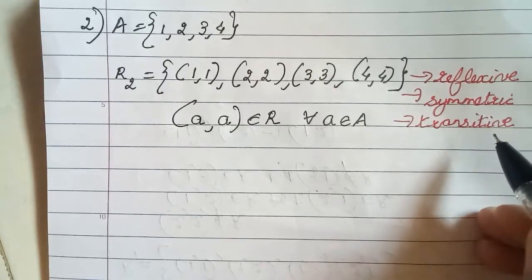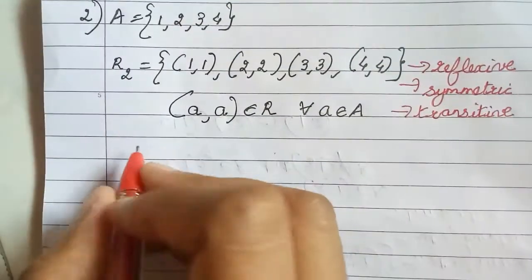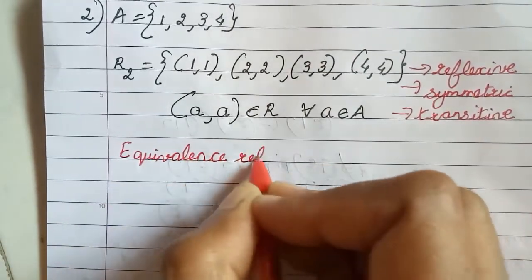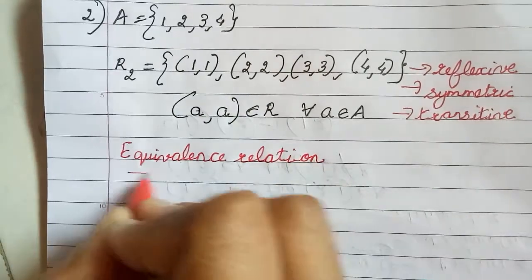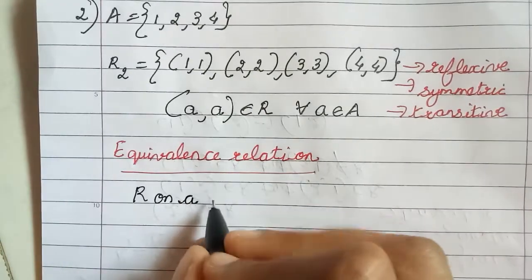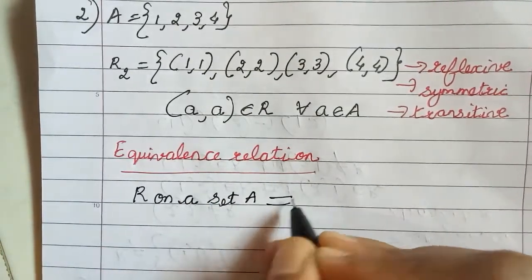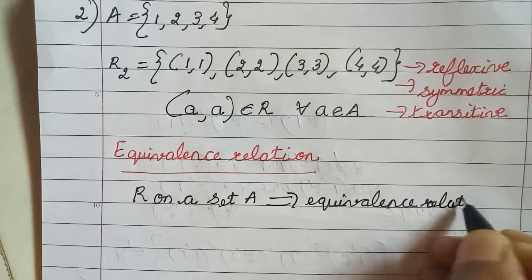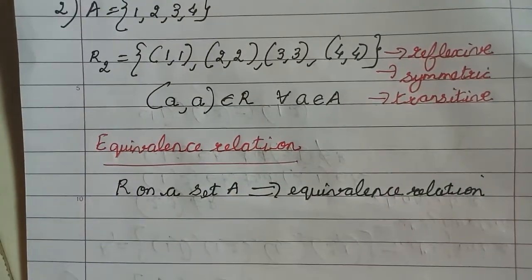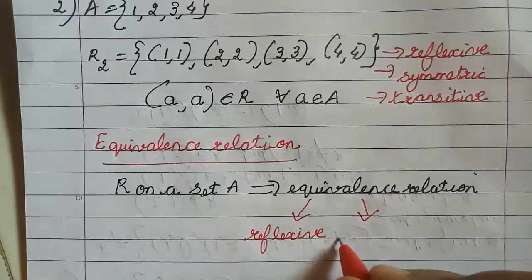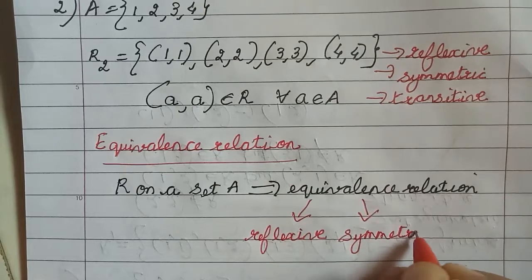Now these three types of relation, reflexive, symmetric and transitive, are all clubbed together and a new relation is defined, called an equivalence relation. So today's last topic is equivalence relation. It is very simple. A relation R on a set A is said to be an equivalence relation when this relation is reflexive, symmetric, and transitive.